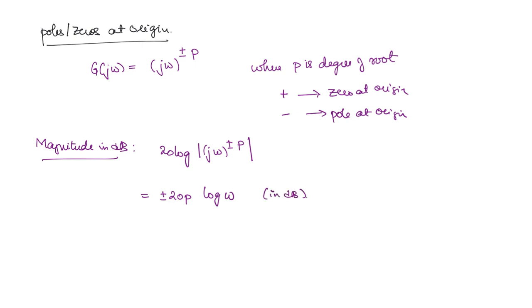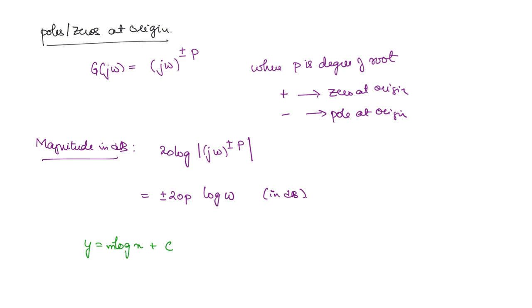The constant function was independent of omega, so it was a straight line irrespective of omega, but now this is dependent on omega. If you compare this with the equation of a straight line we discussed for a semi-log sheet, y = m log x + c, here c is 0, y is the magnitude, and log x is log ω.